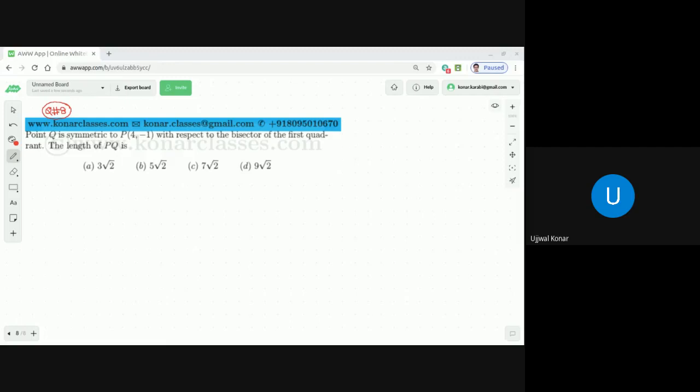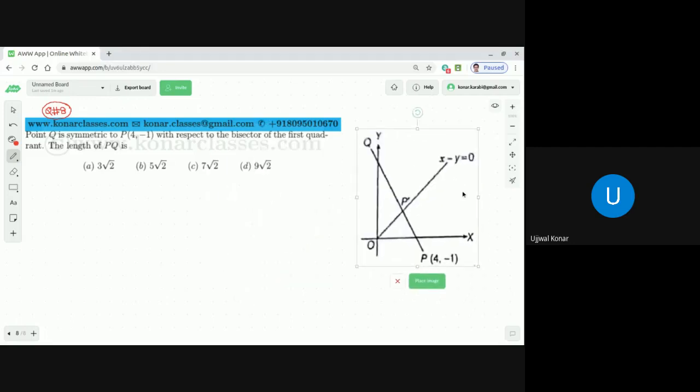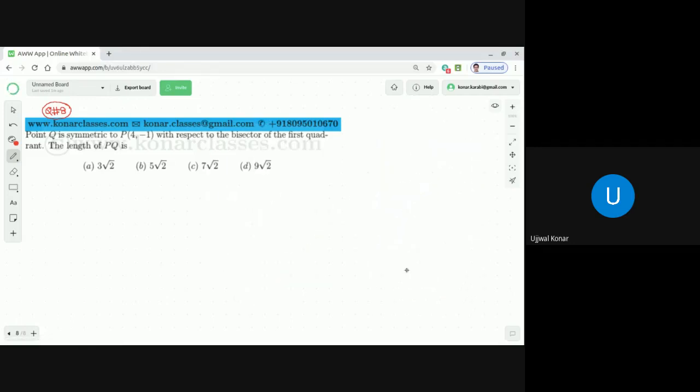So let's give a visual representation of this problem. It's something like this, as you see, dear students.